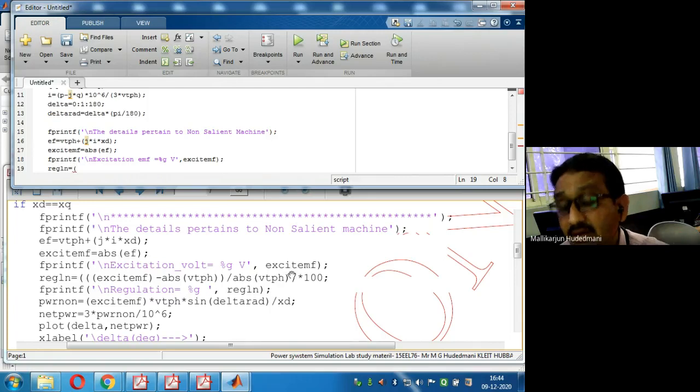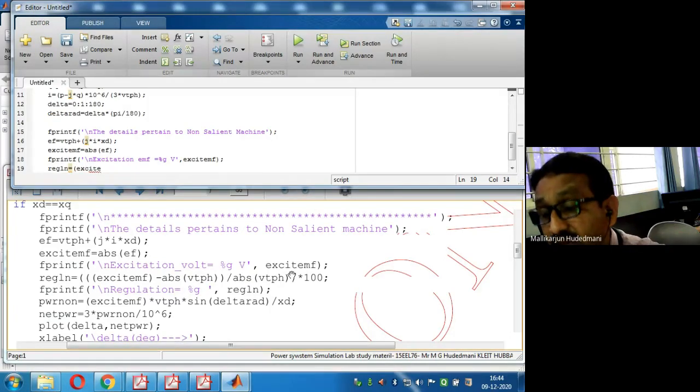Now I just use excite EMF minus absolute VTPH. Am I right? Absolute VTPH. Complete. Now this became one paragraph, numerator content.